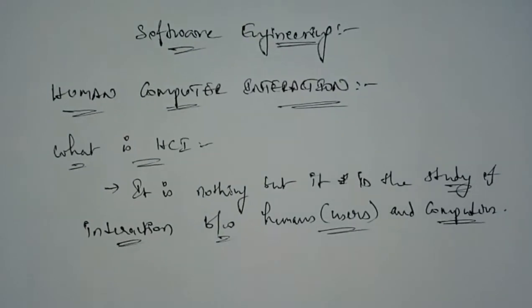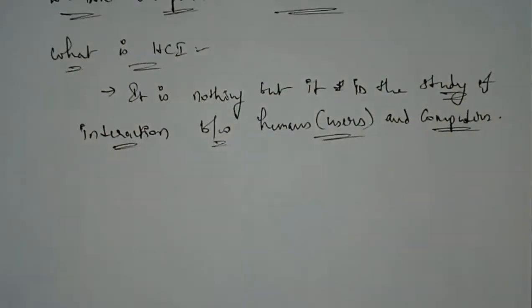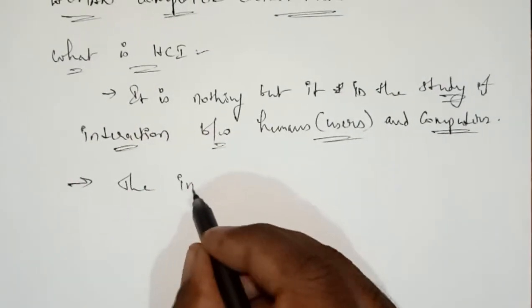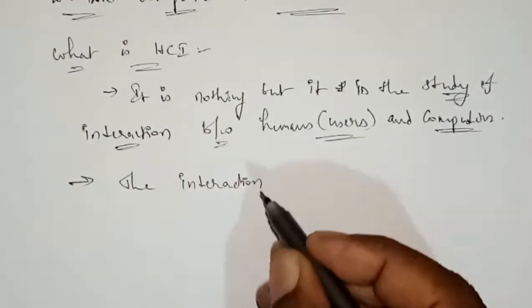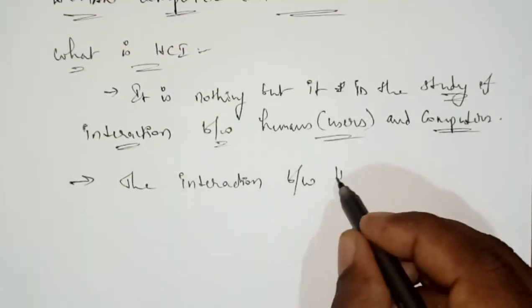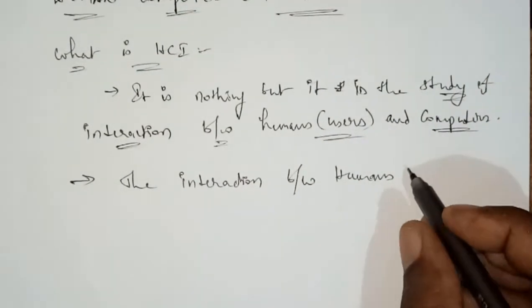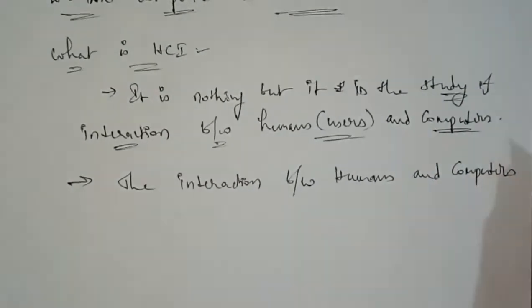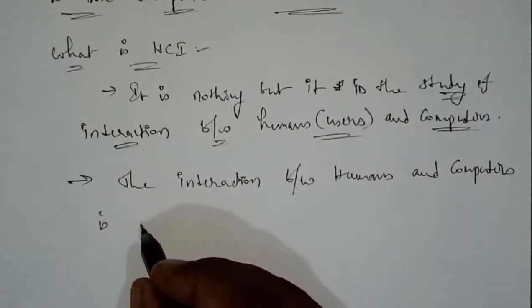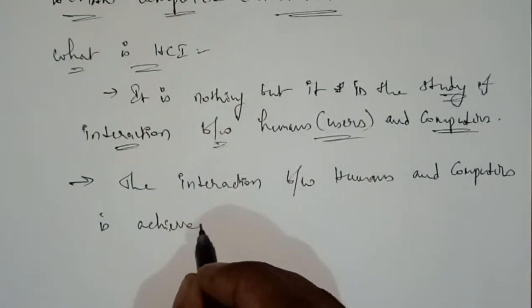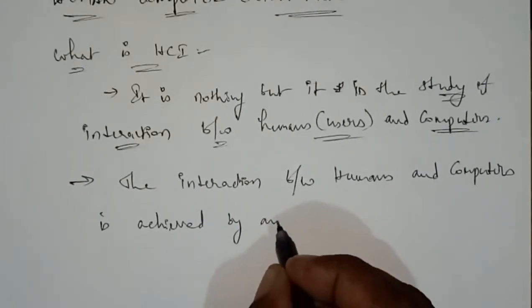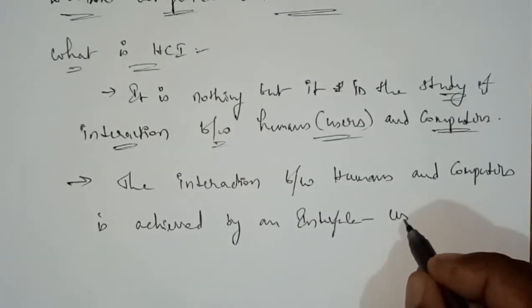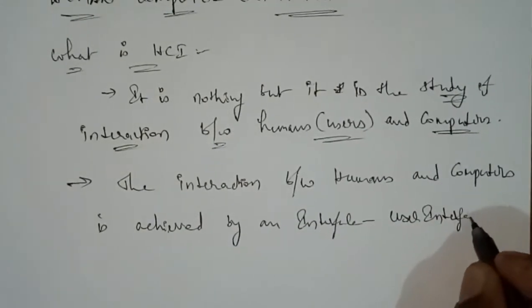And coming to the second point, the interaction between humans and computers is achieved by an interface, which we can call the user interface.